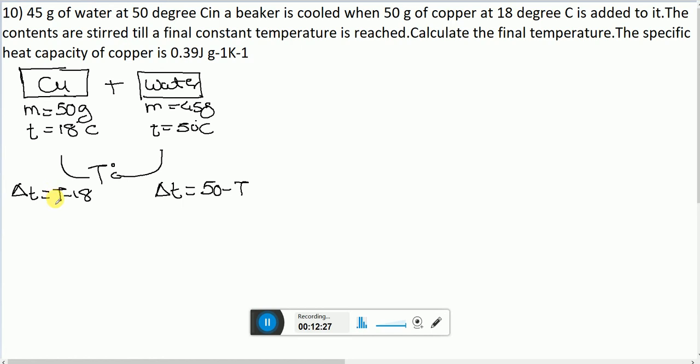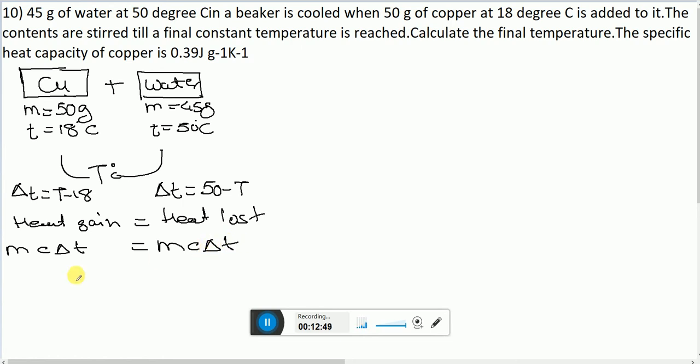That is the reason while writing down temperature difference here it is 50 minus T, and here it is T minus 18 degrees centigrade. Again using the principle of calorimetry, that is heat energy gained is equal to heat lost, m into c into delta T. Here again m into c into delta T. Substituting the values, mass for copper is 50.